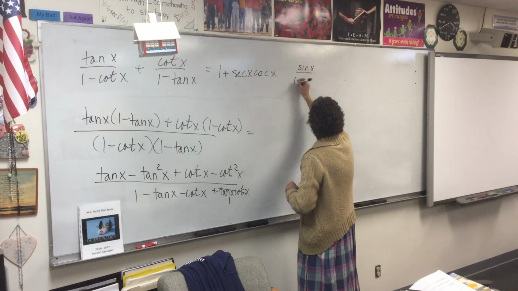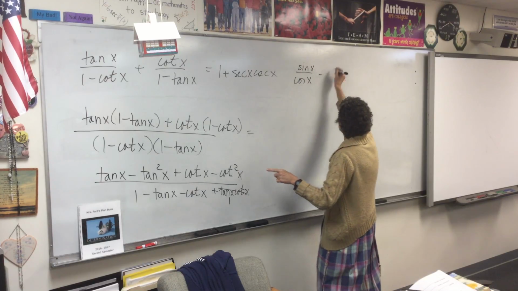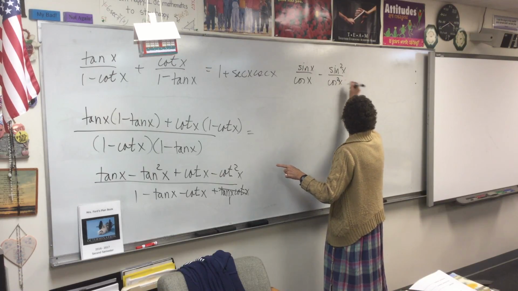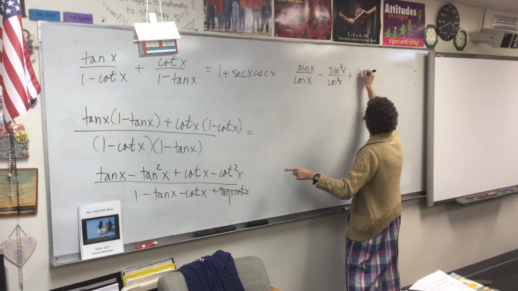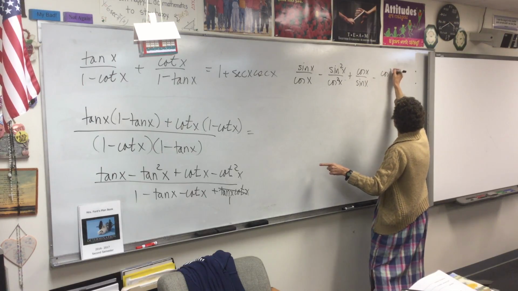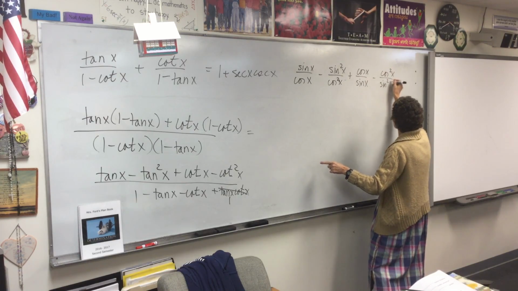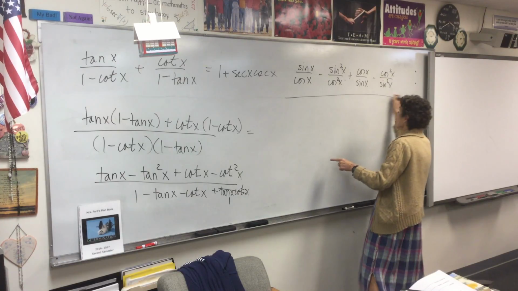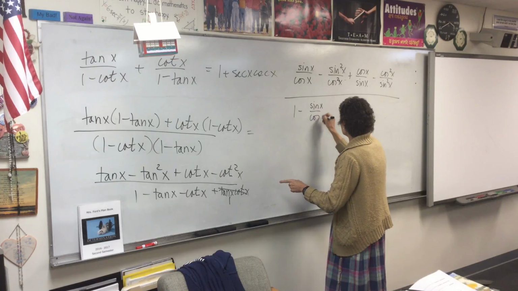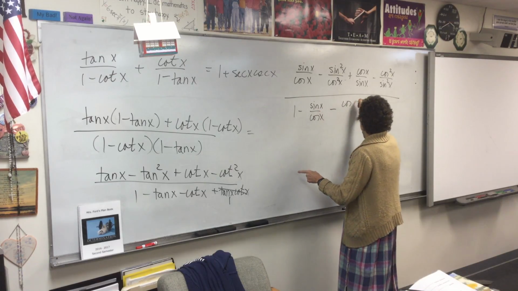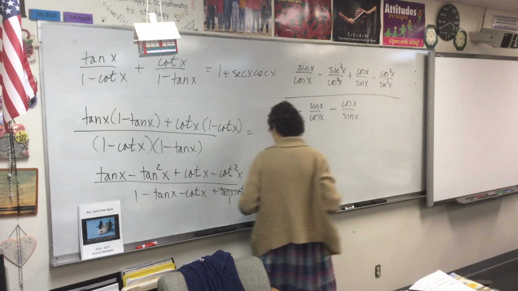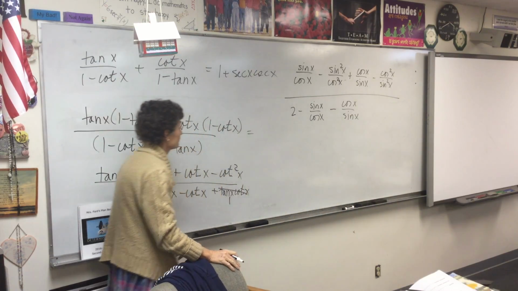So sine over cosine minus sine squared over cosine squared plus cosine over sine minus cosine squared over sine squared, all over 1 minus sine over cosine minus cosine over sine. Actually, I'm going to make that a 2 since that was just a 1 there.